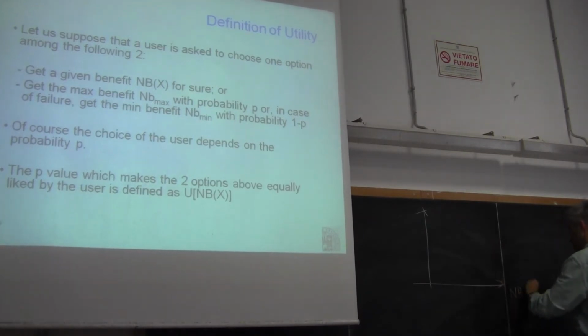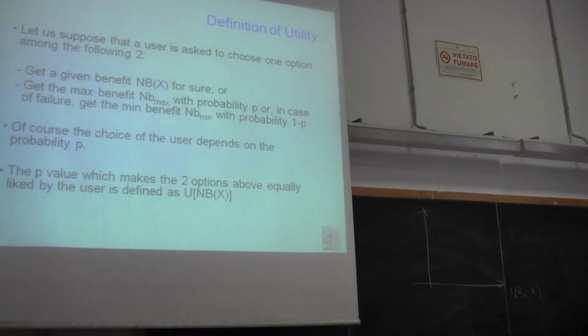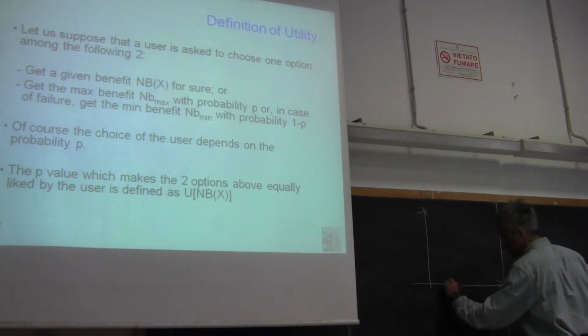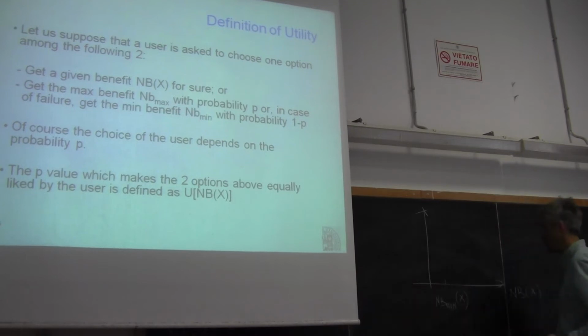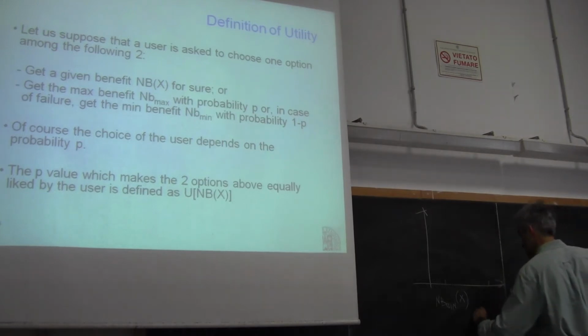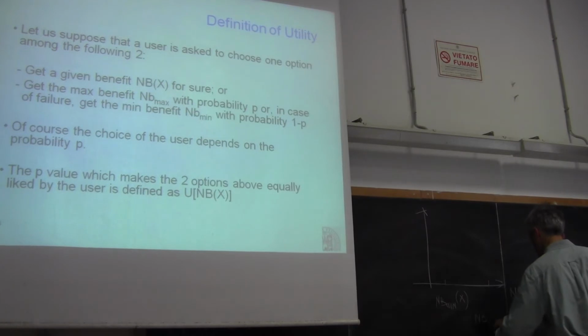So here on the axis I have the benefit, and usually this benefit ranges from a minimum to a maximum in water resources management. The minimum can be 0, but let me refer to a more general situation where the minimum is given a value that I indicate with MB min x. And also I have a maximum, MB max x.